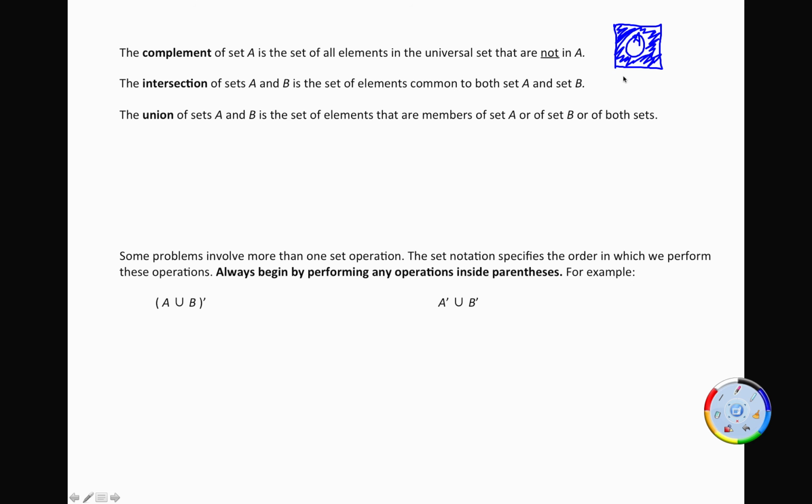The elements that are in the universal set but not in A.